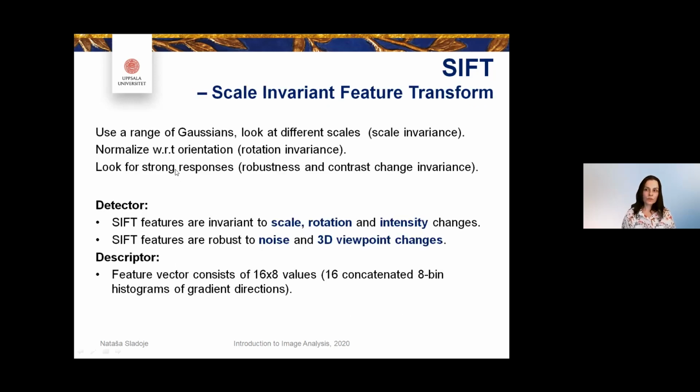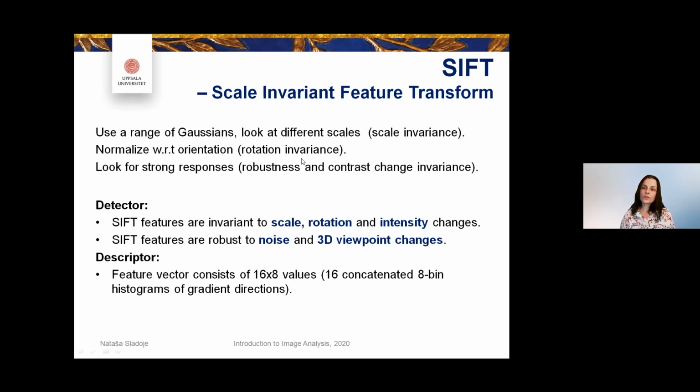So what are these important ideas that are built into SIFT and that we already talked about? First, SIFT is scale invariant, and that is achieved by looking at the scale space. And that is already commented in connection with the LoG and DoG. So these ideas will propagate to SIFT.